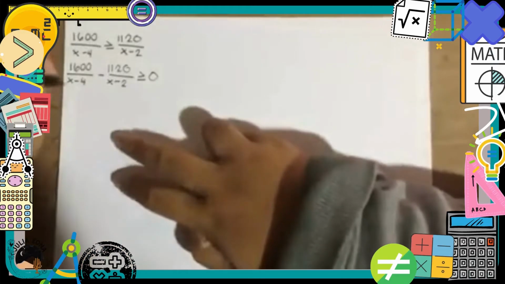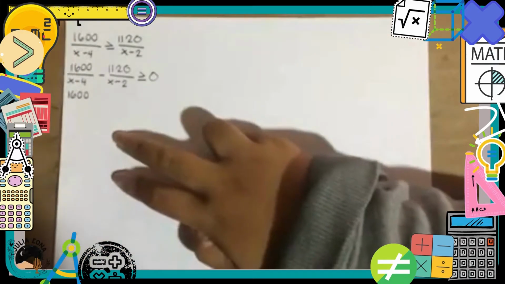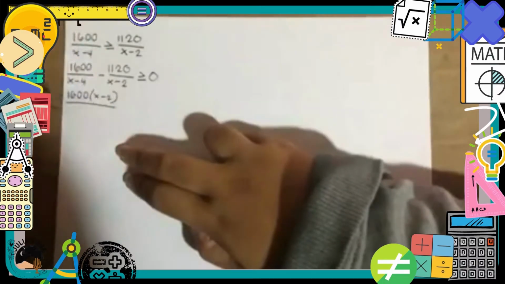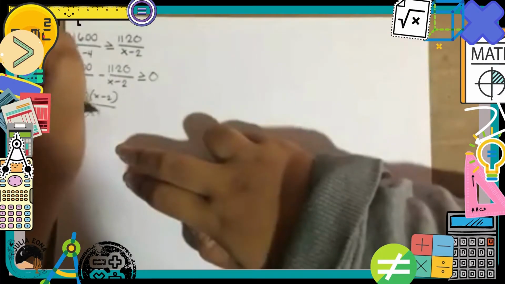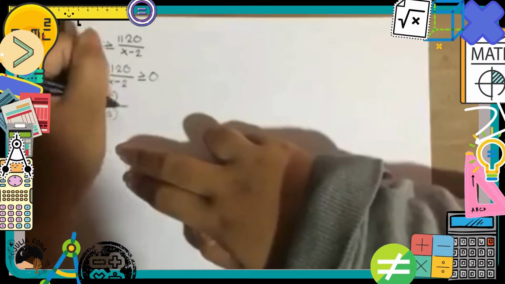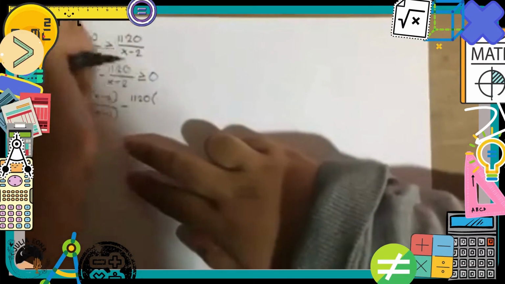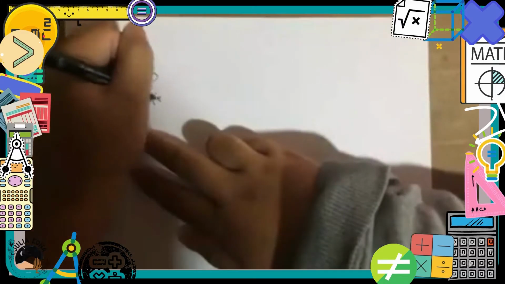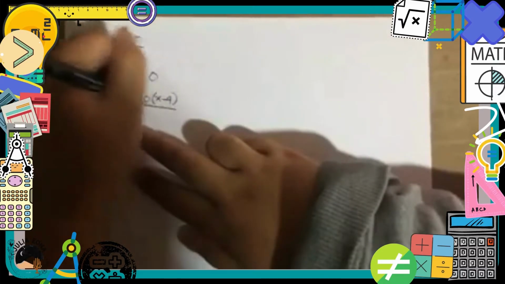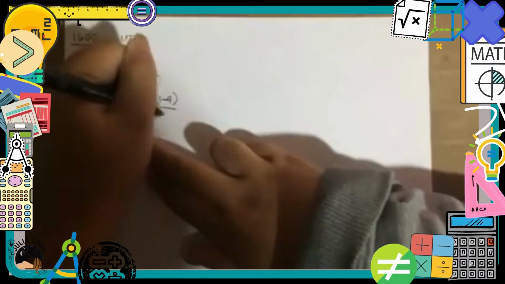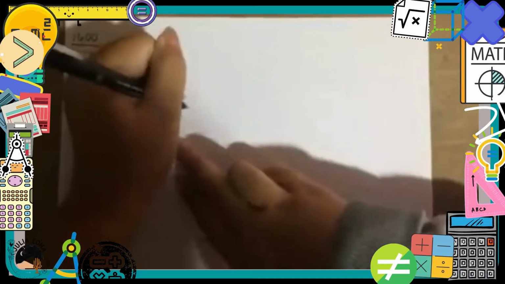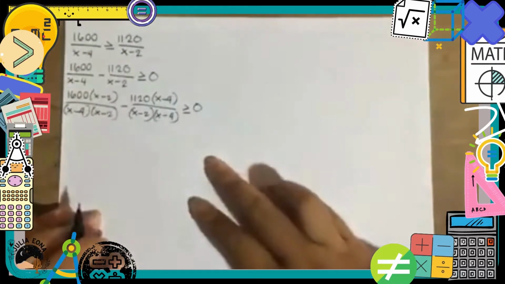So, we're going to have 1,600 times x minus 2 over x minus 4 times x minus 2 minus 1,120 times x minus 4 over x minus 2 times x minus 4 greater than or equal to 0.